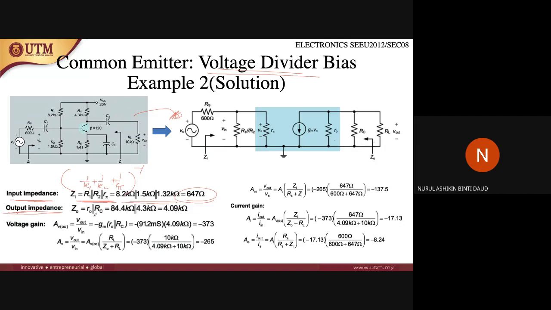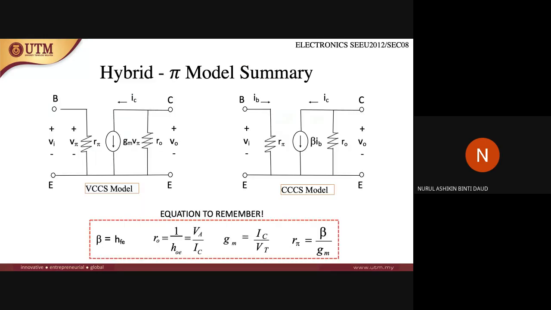If you still remember, in the case of the hybrid model, RO is VA over IC. That's why the values of VA and IC were given to you just now.